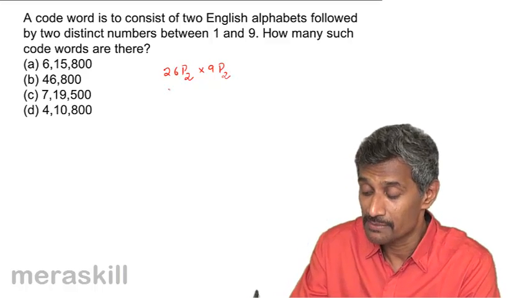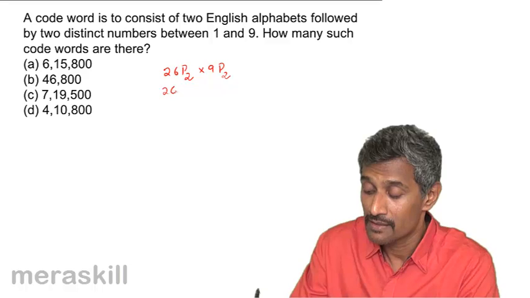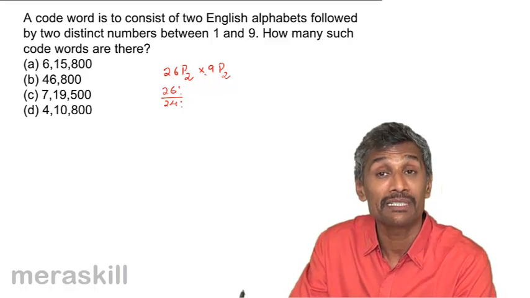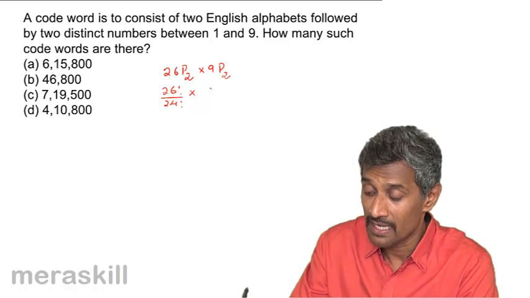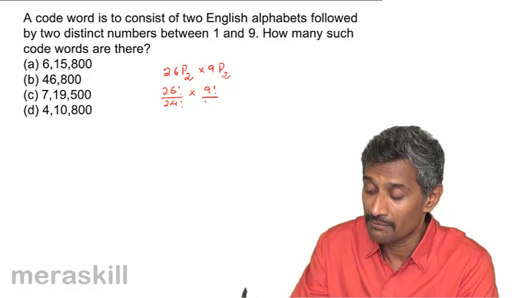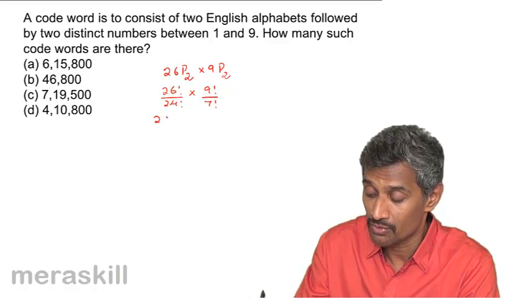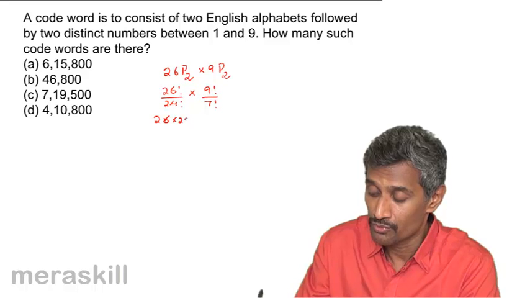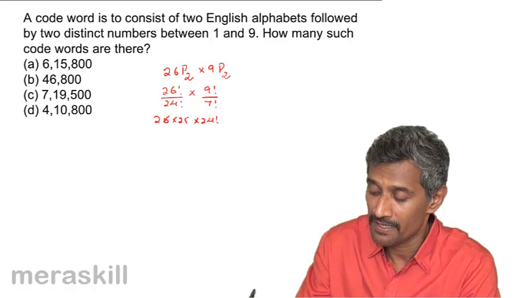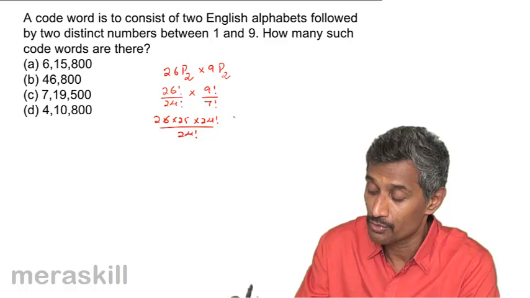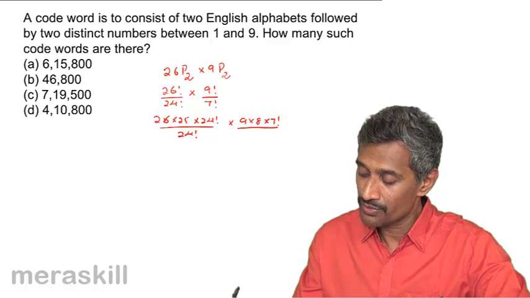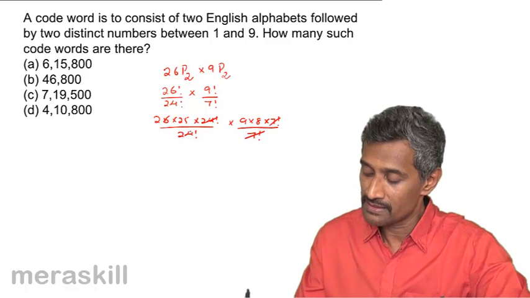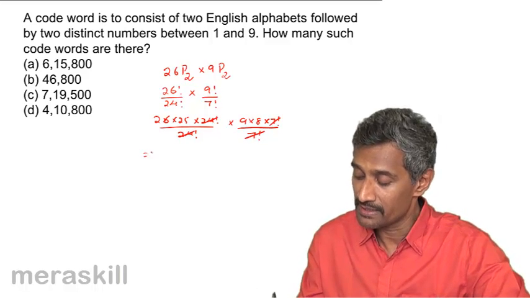So it's going to be 26p2, which is 26 factorial by 26 minus 2, 24 factorial. And remember, it's an AND. So both these have to occur simultaneously, and this is going to be 9 factorial by 9 minus 2, 7 factorial. So it's going to be 26 into 25 into 24 factorial upon 24 factorial, into 9 into 8 into 7 factorial upon 7 factorial. This gets cancelled. So ultimately it's 26 into 25 into 9 into 8.